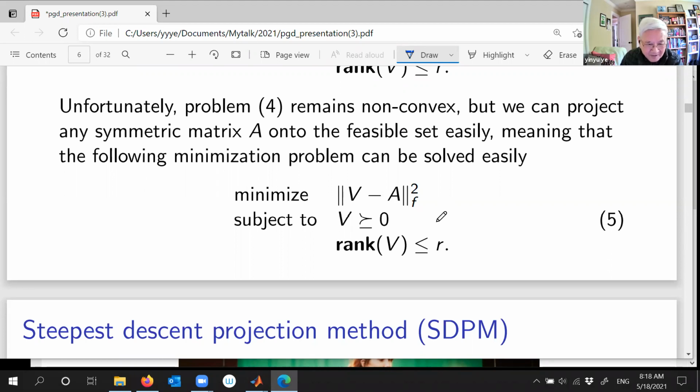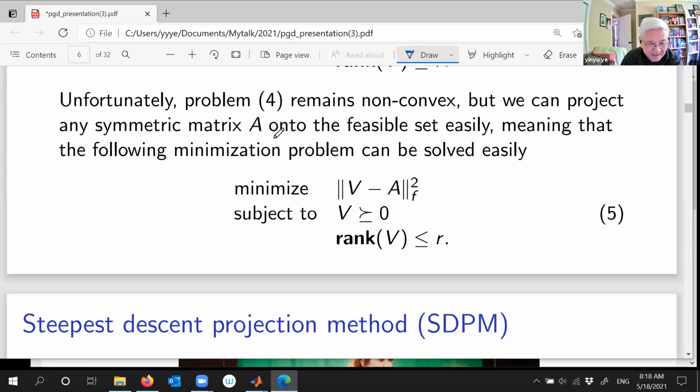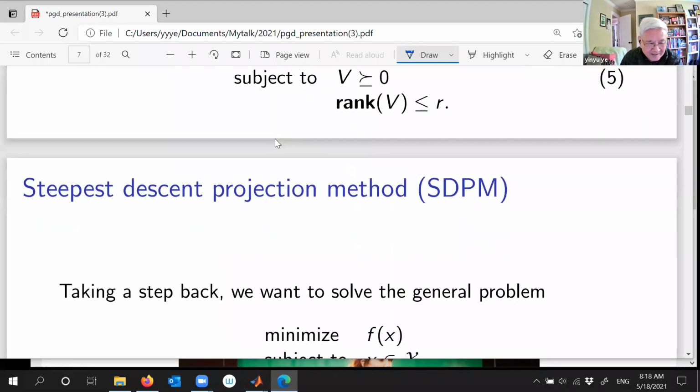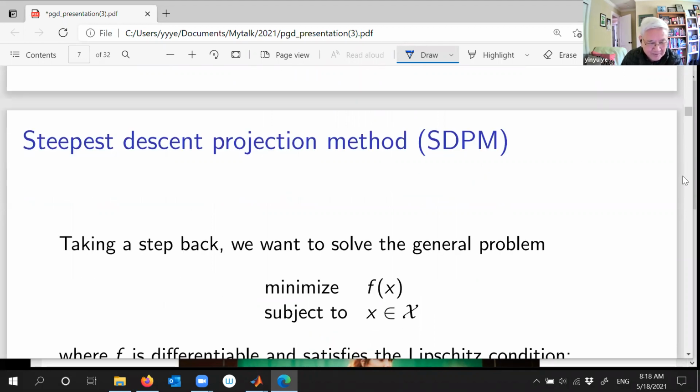And you can also guarantee that the V matrix you find is the optimal solution for this problem, although the constraint is not convex. So this is already known, okay? That motivated us to develop the so-called steepest descent projection method, which some people also call the gradient projection method, okay? This is going to be the focus.